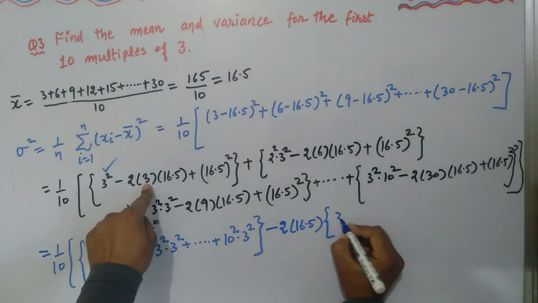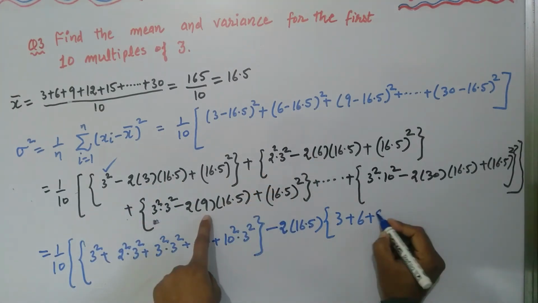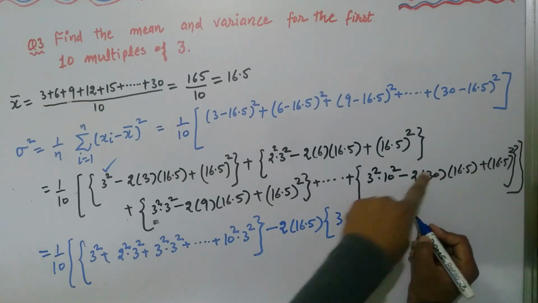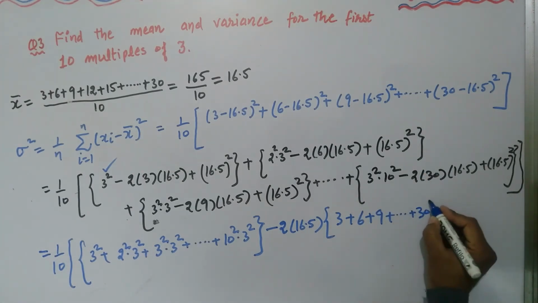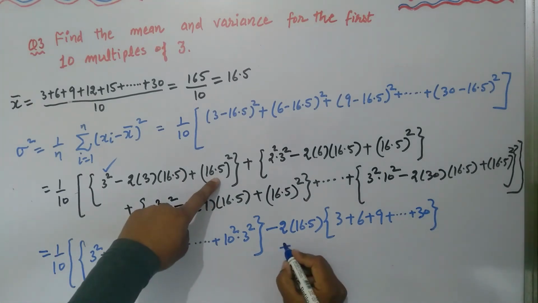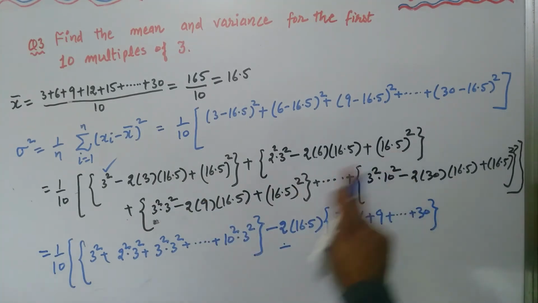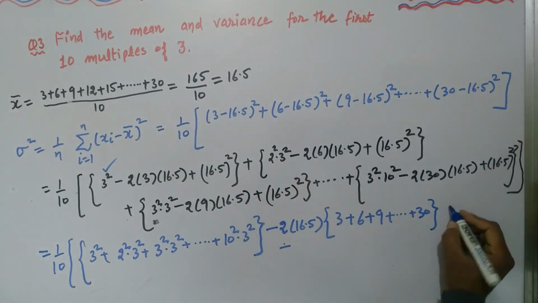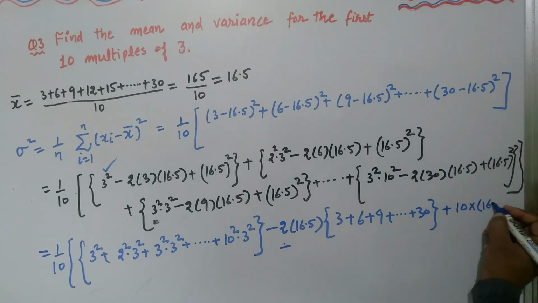Only 3 is left, plus 6 plus 9, and so on up to 30. Lastly, 16.5 whole square, how many times? 10 times. So 10 into 16.5 whole square. This is the last bracket.